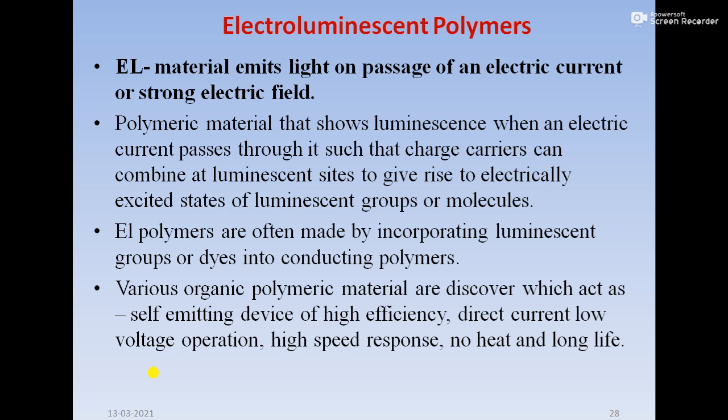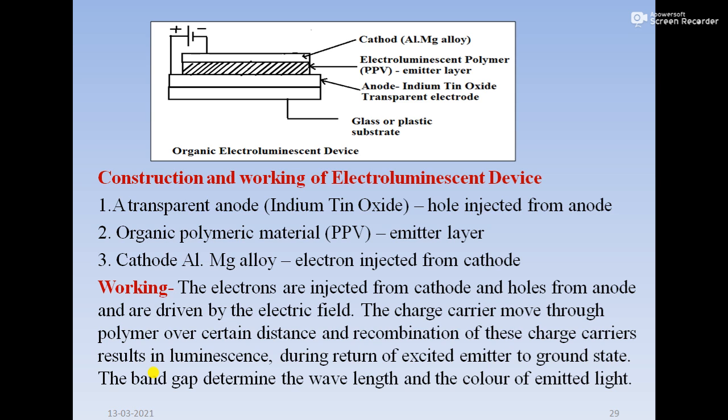That is called electroluminescence. An electroluminescent material emits light on the passage of an electric current or strong electric field. So you can see the construction and working of the electroluminescent device directly.